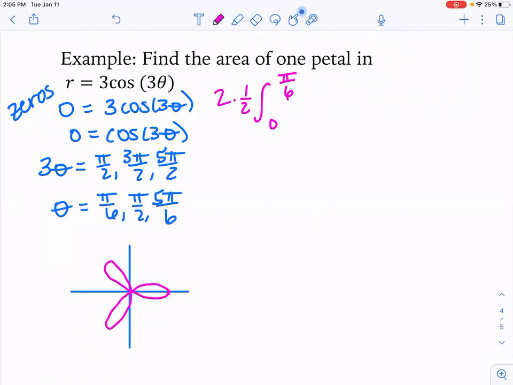What? Did you say no way? You don't want to? You want to go from pi over 6 to pi over 2? Okay, so 1/2 r squared would be 9 cosine squared 3 theta.